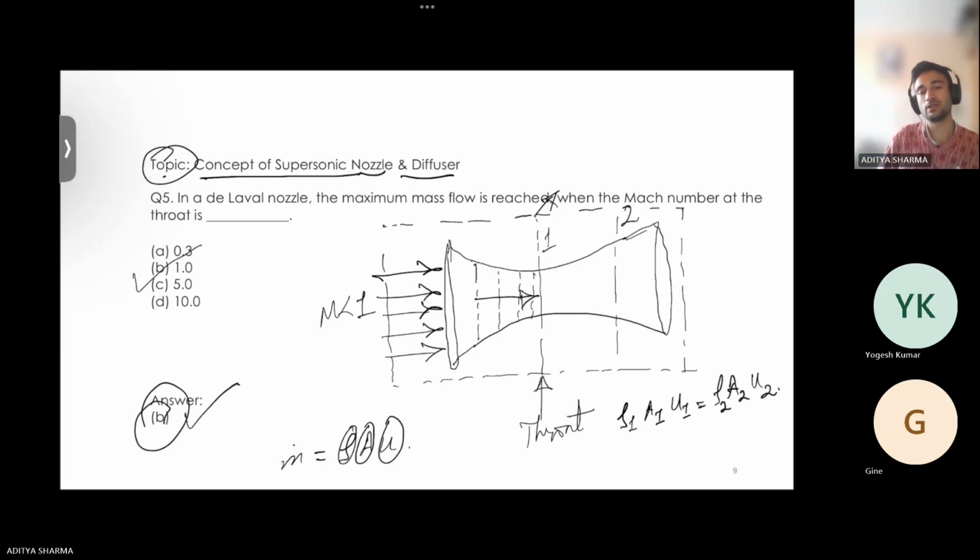But then if we just keep on decreasing this area, that doesn't mean that this flow will keep on accelerating to whatever extent you want to decrease the area, all right?